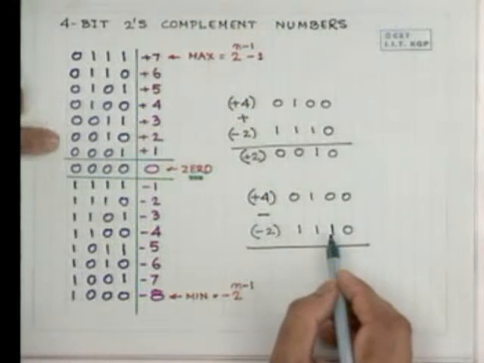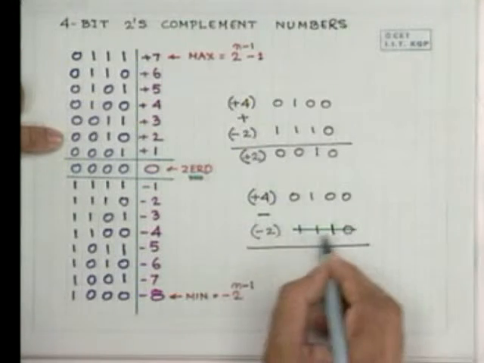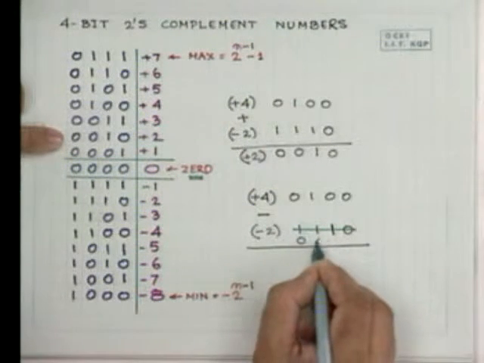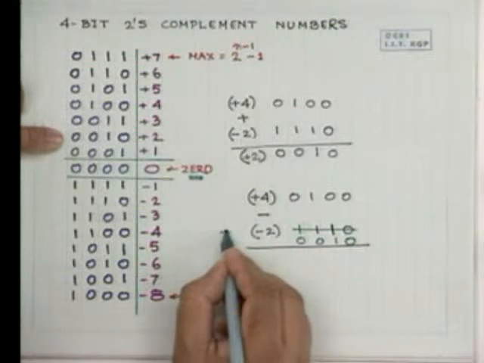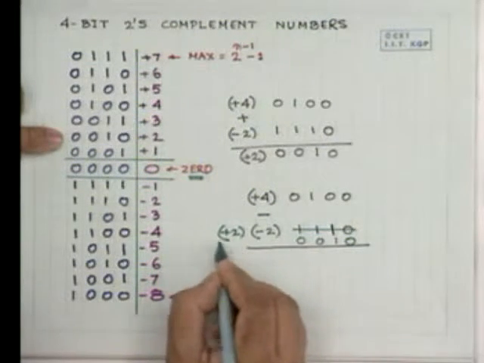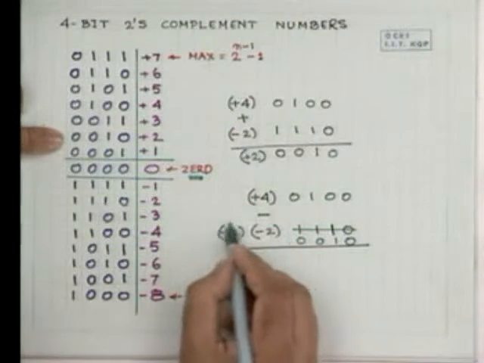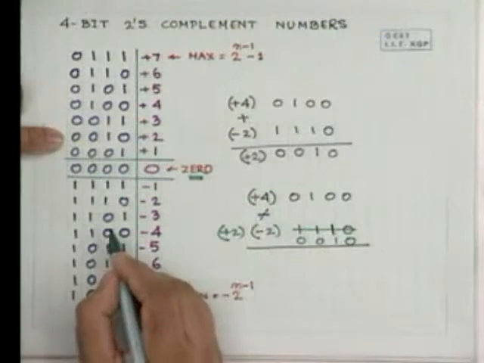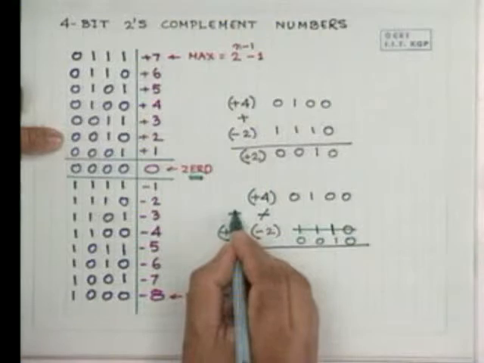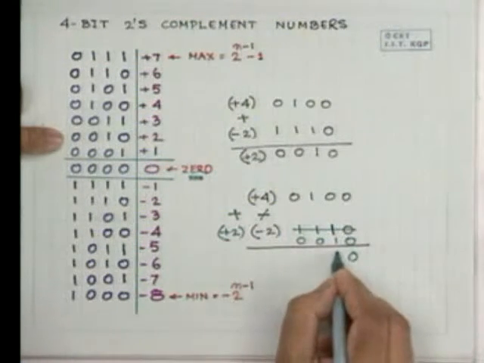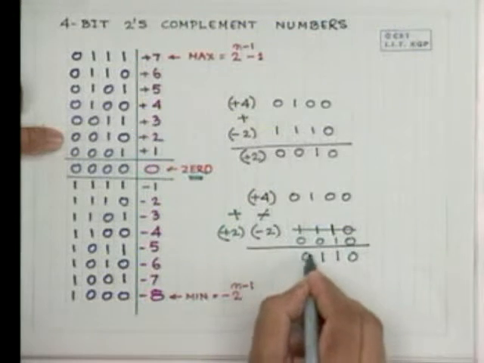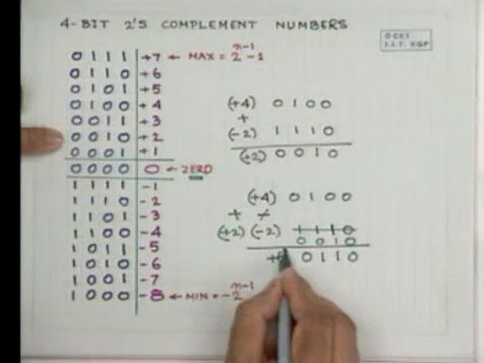And in that case, what we get here is 0 0 1 0, which turns out to be plus 2. And then what you do is that instead of this negative operation, you simply do an addition operation. In that case, what you get is 0 1 1 0, which is your plus 6.